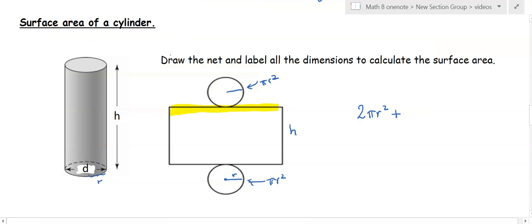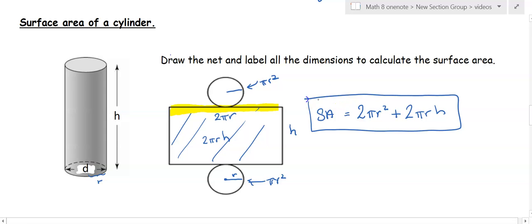So we go back here. We now know that this distance here is 2 pi r. And to find the area of a rectangle, it's base times height. So we now have the area of that rectangle, which we are going to add on. So the surface area of a cylinder is two circles, 2 pi r squared, plus a rectangle, circumference times height, 2 pi r h.